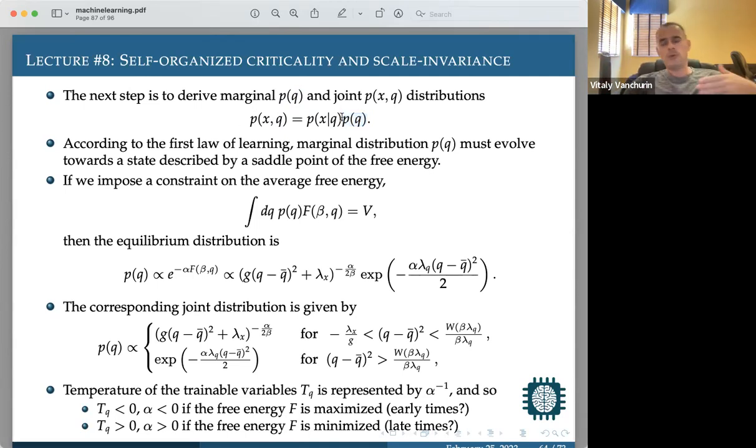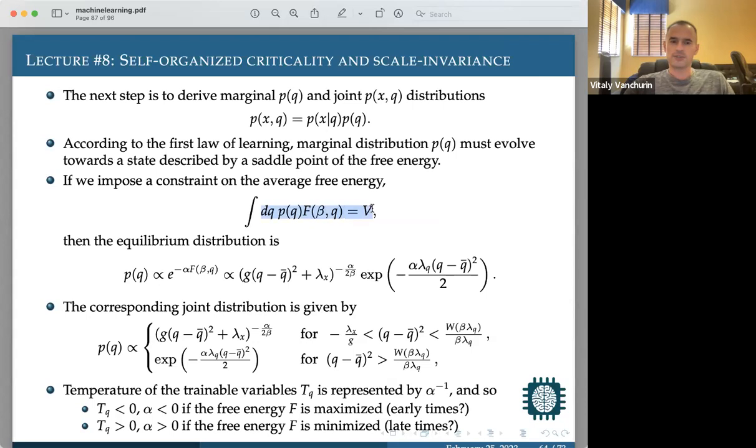Okay, so now, again, we are trying to go to the limit where trainable variables are equilibrated. We're not studying the dynamics of P of Q and T, which is a more fine-grained description. We're just interested in the average P of Q. Then in the thermodynamic description, what it means is that we set one more constraint, on the free energy of the non-trainable variables, the free energy of x's.